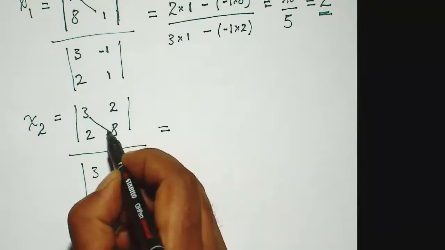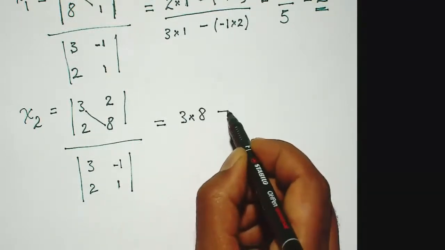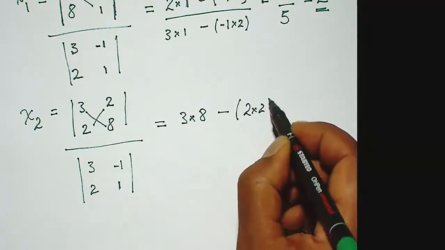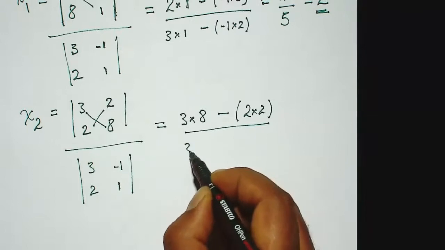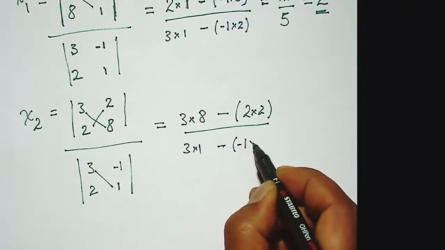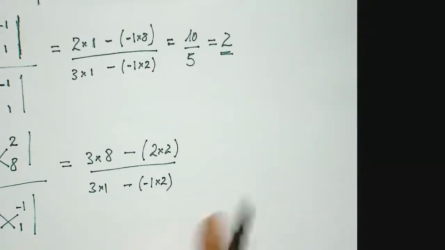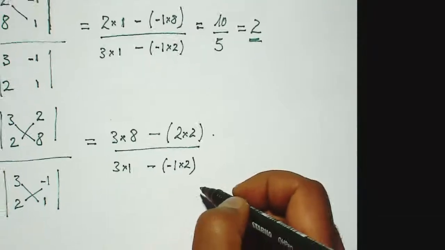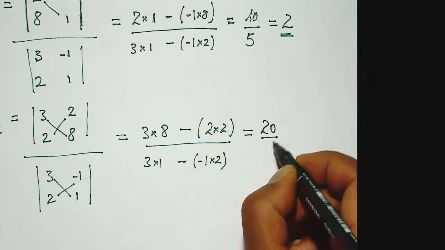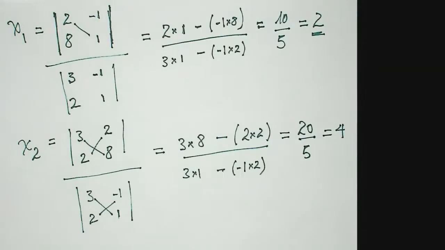So here again, I would take the diagonal terms, 3 multiplied by 8 minus the other diagonal term, 2 multiplied by 2, divided by 3 multiplied by 1 minus 1 multiplied by 2, which would give us a value of 20 divided by 5, which is equal to 4.